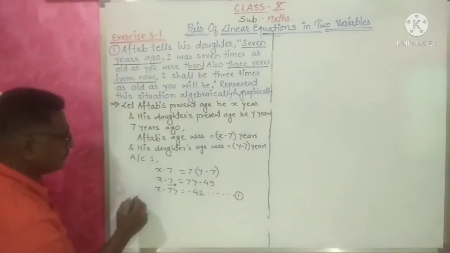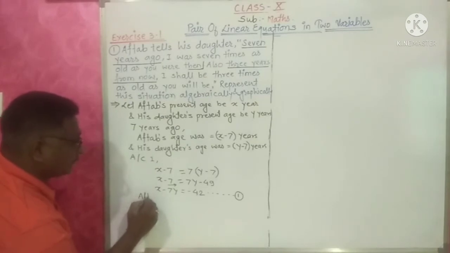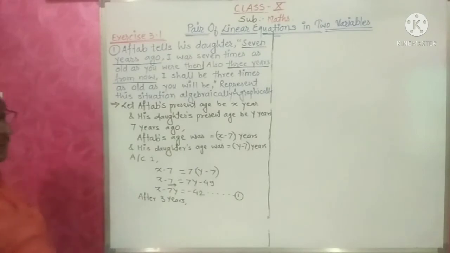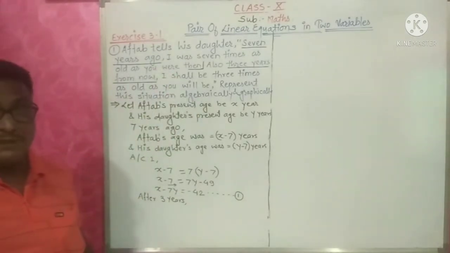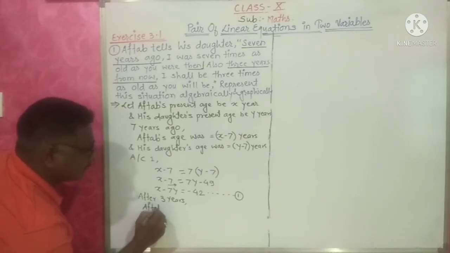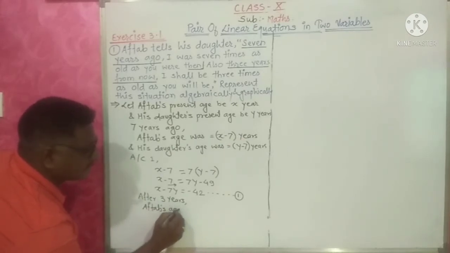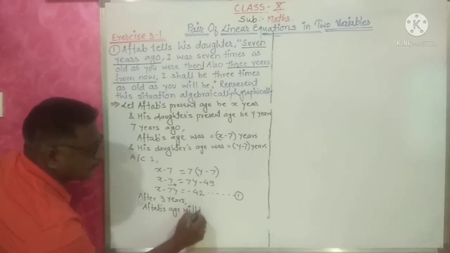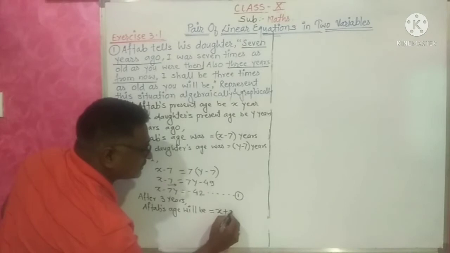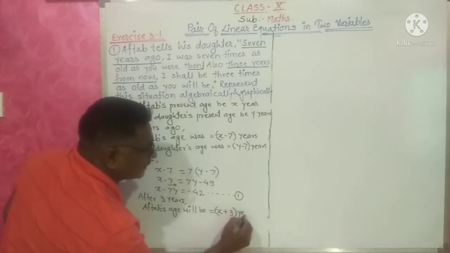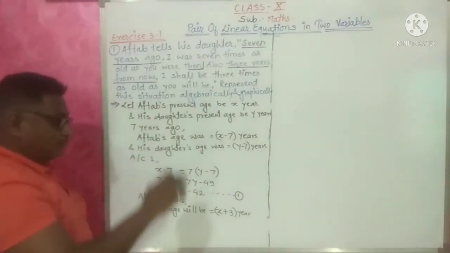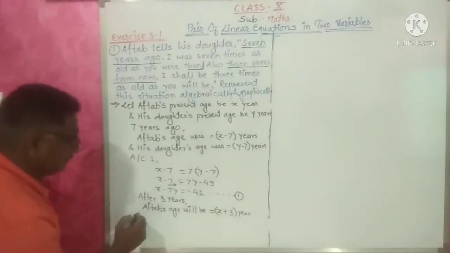So after 3 years, Aftab's age will be x plus 3, as the present age is x.